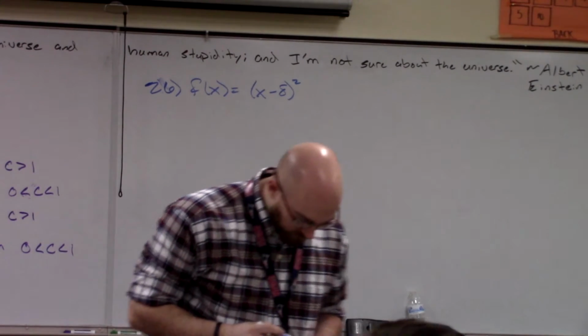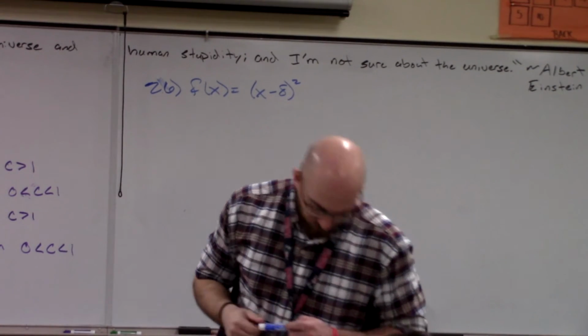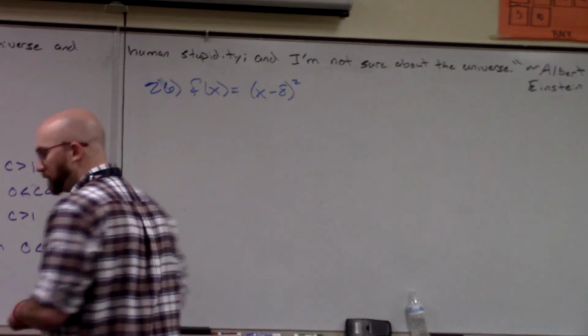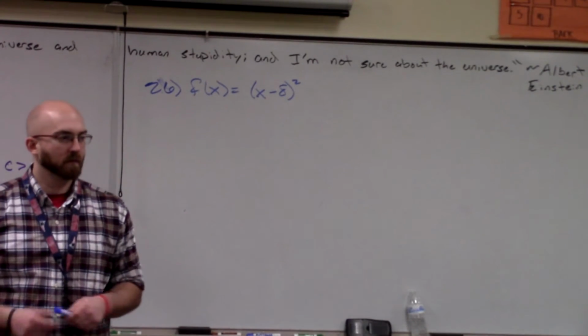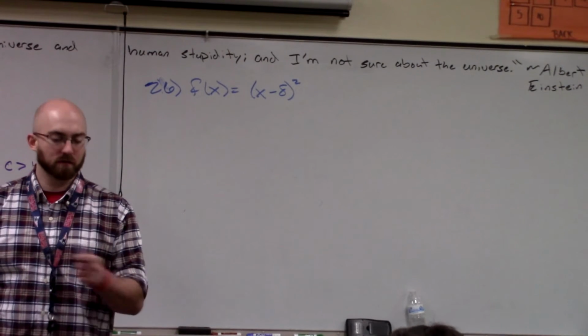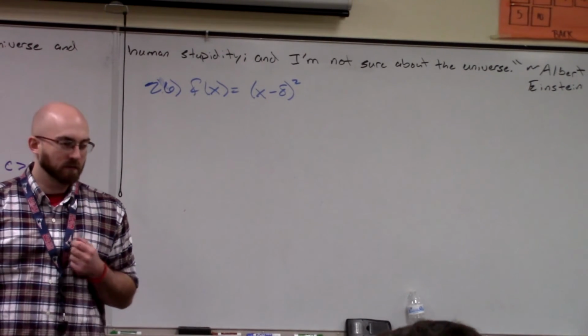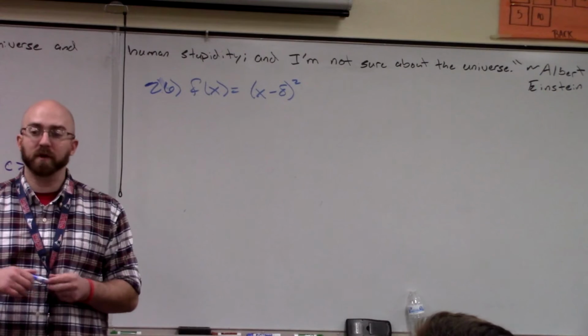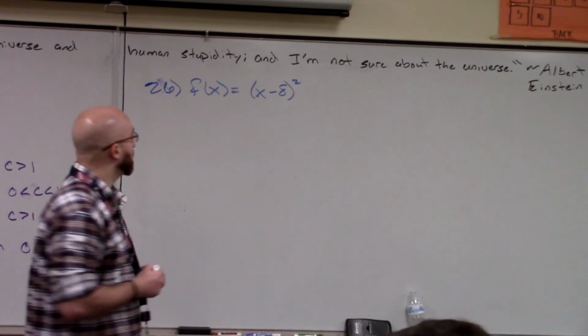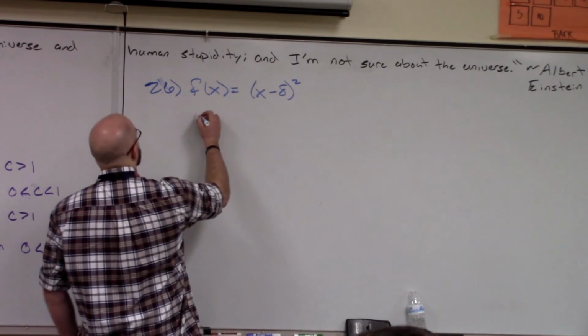Yeah. What do I do for part A? Identify the parent function. Identify the parent function. So those are on what page? 70. That's why you need to mark that page down.